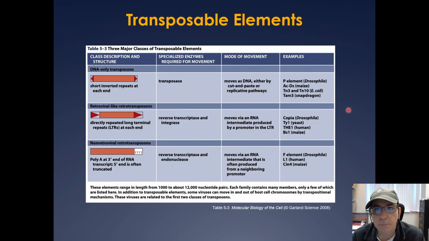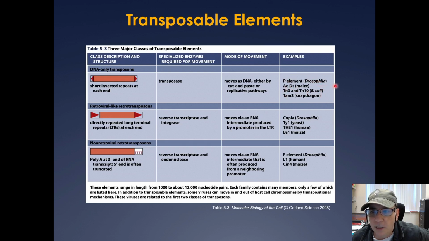Okay, now we're going to talk a little bit about transposable elements, because a lot of our DNA in our genome is actually former transposable elements. Okay, and these occur in almost every organism imaginable. So what you end up having is a transposase with often short inverted repeats, and here's an example.